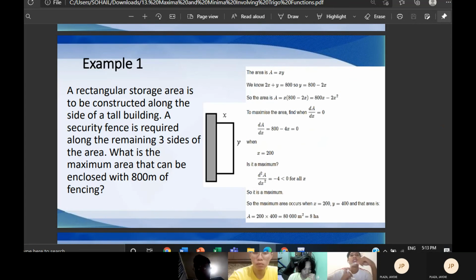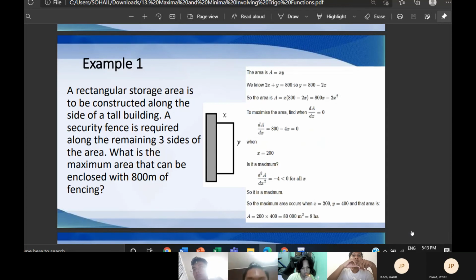So may tall building tapos may co-construct pang another. So a security fence is required along the remaining three sides of the area. What is the maximum area that can be enclosed with 800 meter of fencing?